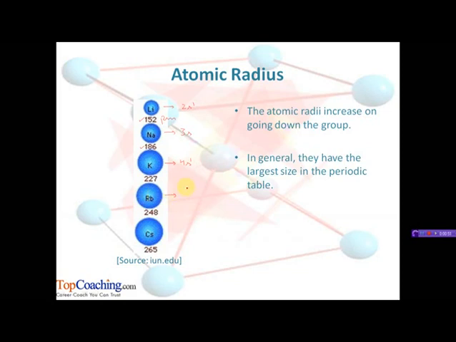Similarly, the incoming electron in rubidium is added in 5s, and in cesium it is added to 6s. So as we move from lithium towards cesium, a new shell is added each time. The increased value of effective nuclear charge is balanced by the increased shielding effect. In general, the alkali metals have the largest size in the periodic table.